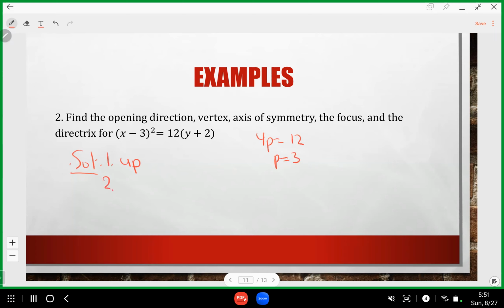The vertex is going to be (3, -2) because of these. The axis of symmetry is going to be x equal to h, which is x equal to 3.